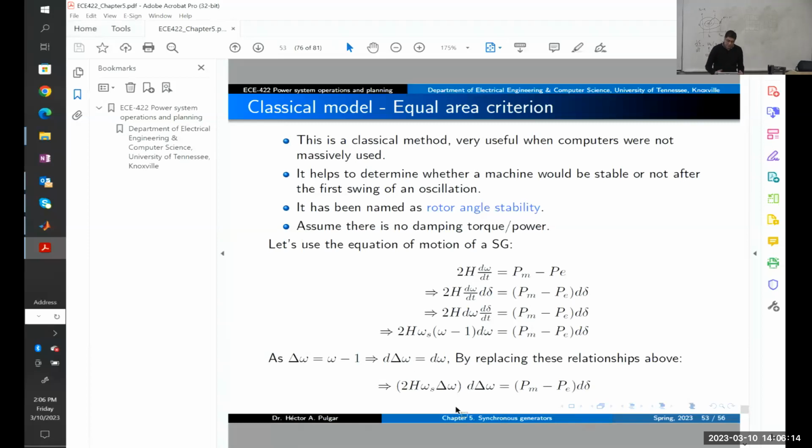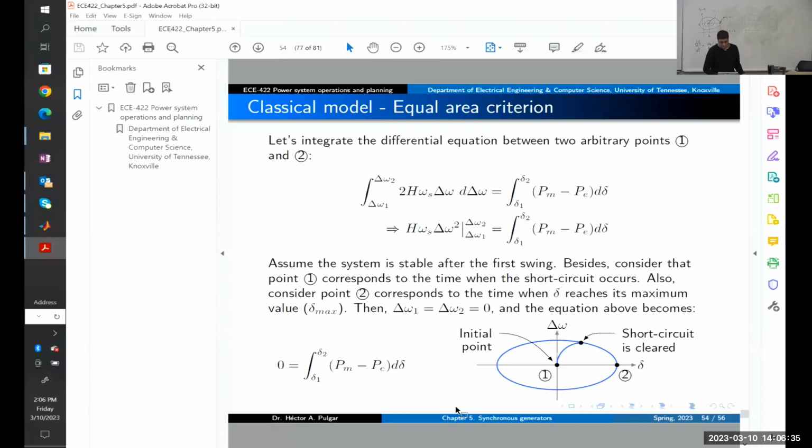What can we do with this? Well, because this depends on the changes of the omega, the speed, we can first of all get the integral of this. But we're going to get the integral between two particular points, as we will see here. We're going to define these two arbitrary points, point 1 and point 2.